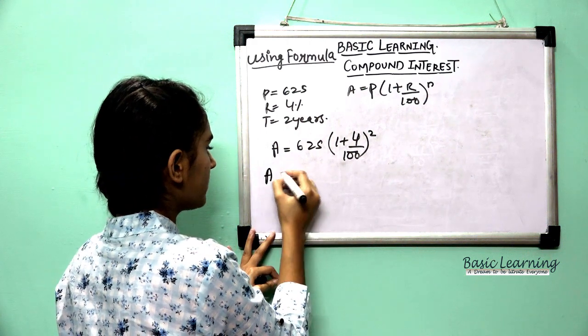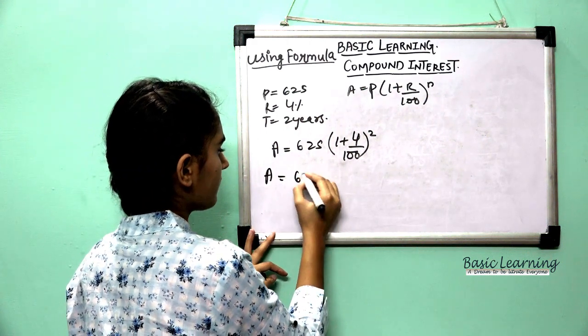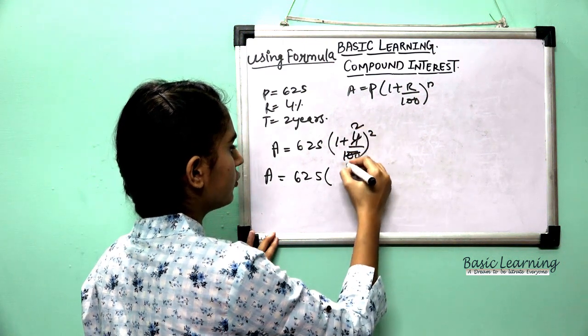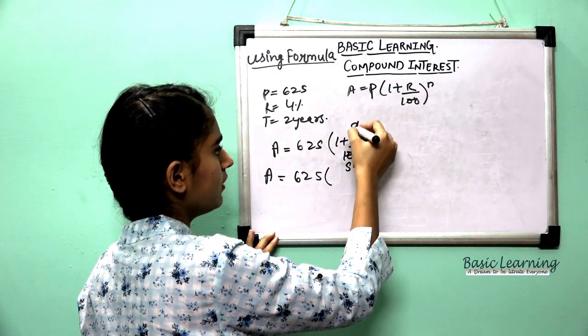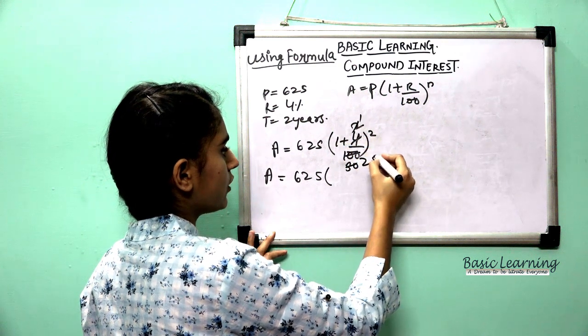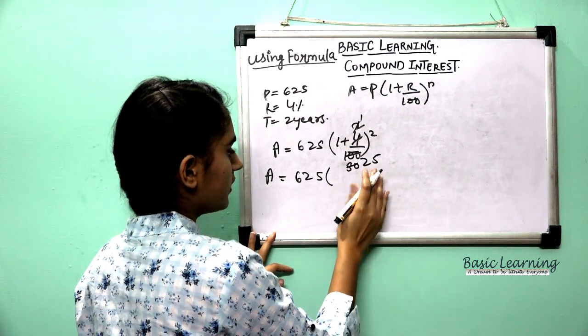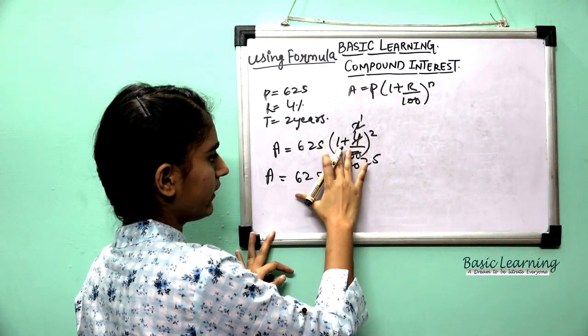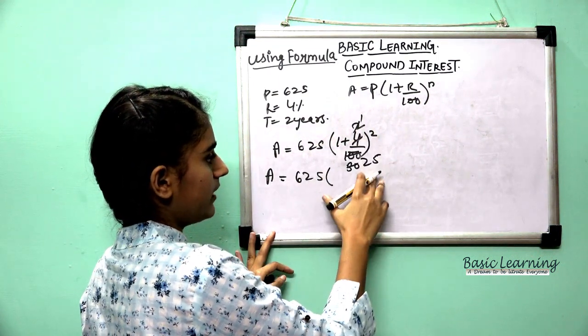So let's solve the question. 2 2s are 4, 2 5s are 10, 2 0s are 0, 2 1s are 2, 2 2s are 4, 2 5s are 10. So here 25 1s are 25, taking the LCM, 25 1s are 25 and 1 is 26.